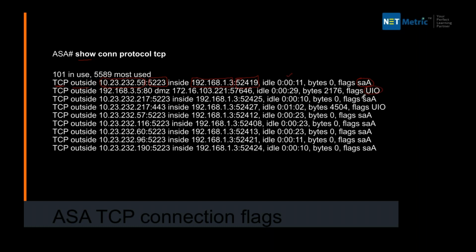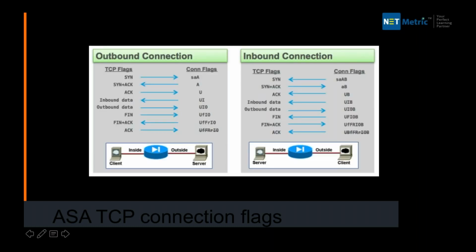Now what these flags represent is also very important to understand. Let's understand them. Whenever the traffic goes, let's say this is my client and this is the server, from inside to outside as a SYN packet, the moment the firewall builds a connection table, it is going to build a flag named SAA. That means right now the traffic has been initiated from inside to outside, and only the SYN packet has been sent.